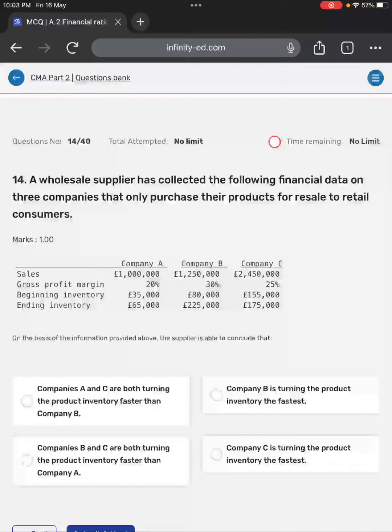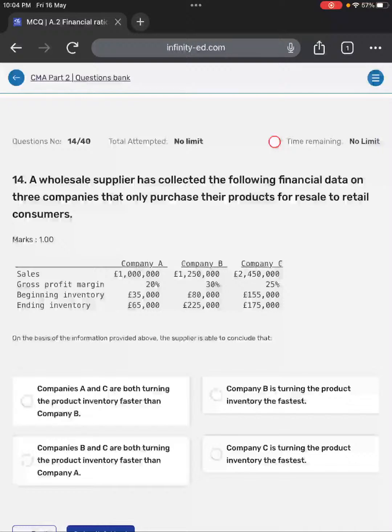And in the other case, 1,250, 1.25 million divided by average inventory 80,000 plus 225 equal to 350 divided by 2 comes to 1,525,000. 1.3 divided by 1,525 thousand, it comes to 6.3.